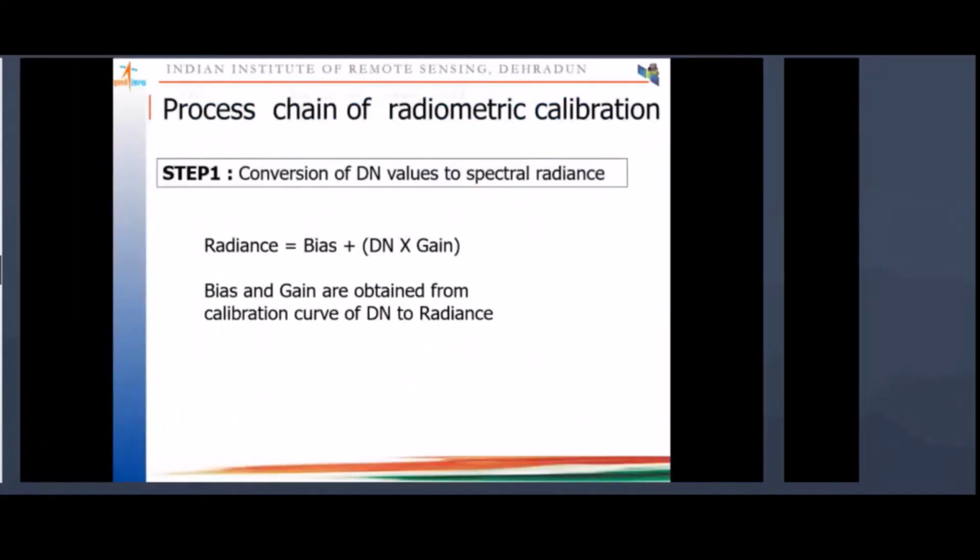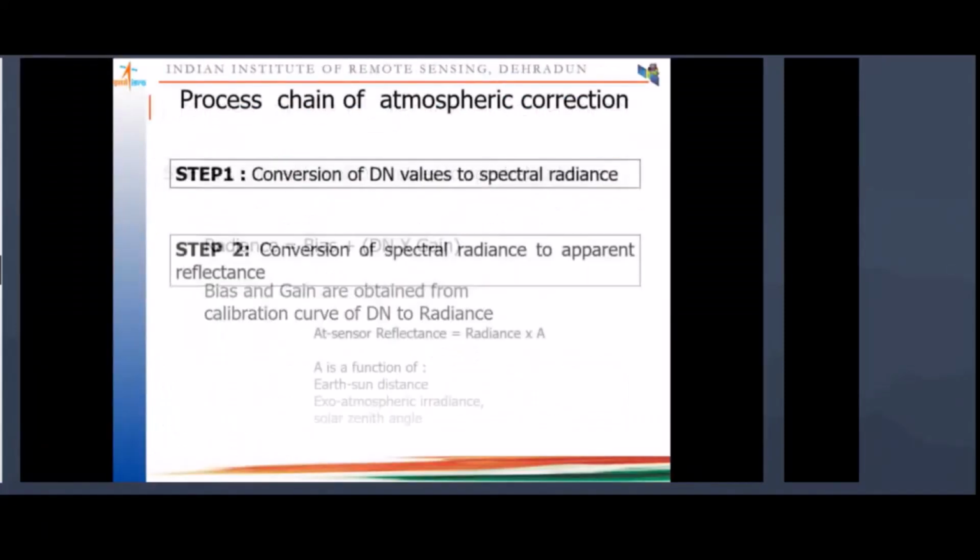Okay, so next step: once you have converted the digital numbers to spectral radiance, the next step is the conversion of spectral radiance to apparent reflectance, or what we also call top of atmosphere reflectance. This is the total reflectance due to the target and the interaction with the atmosphere, coupled together, reaching the sensor.